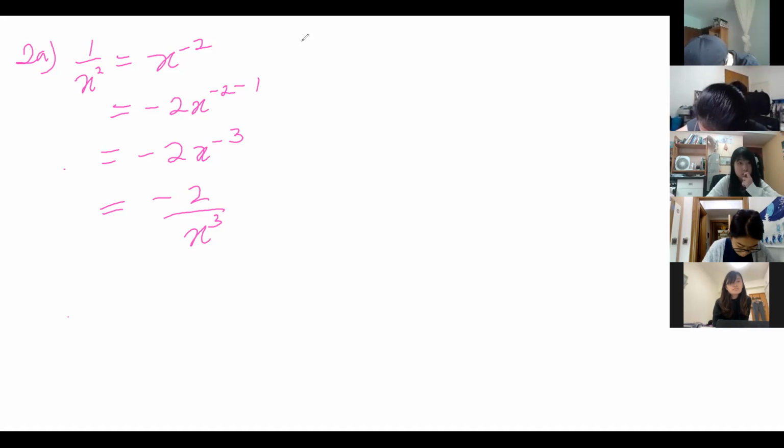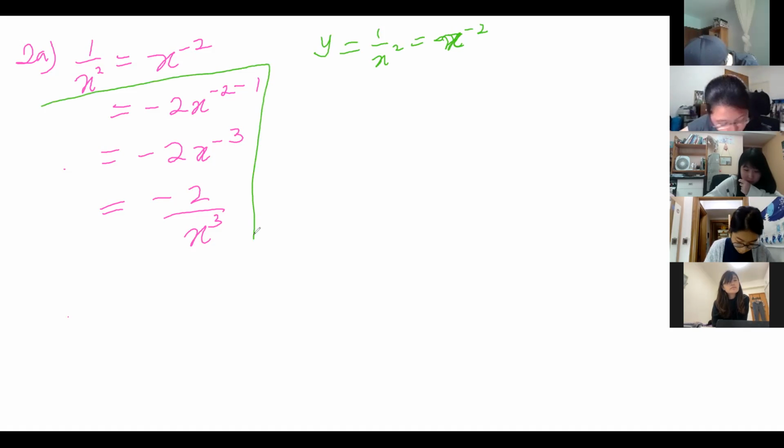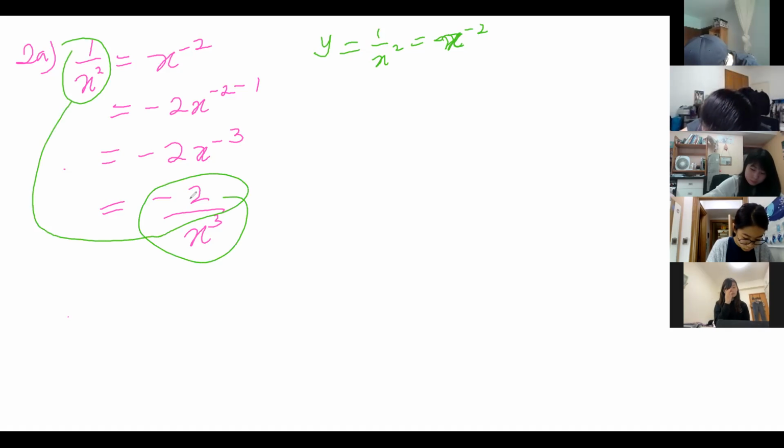So I will expect that the first line you write y equals that. Then here, this is where your dy dx begins. It begins from here, the derivative. So what you have written, you made it look like this 1 over x eventually becomes this. Is that true?